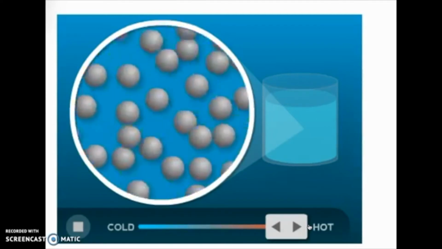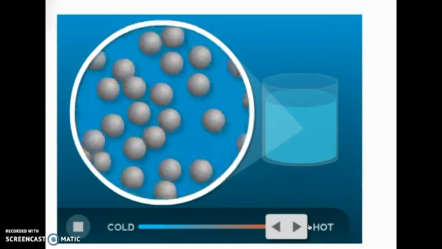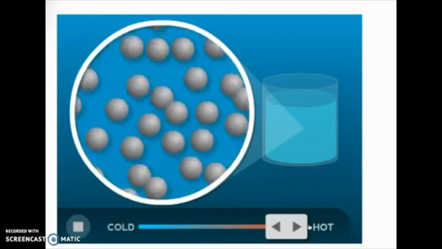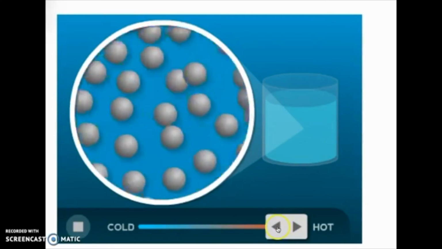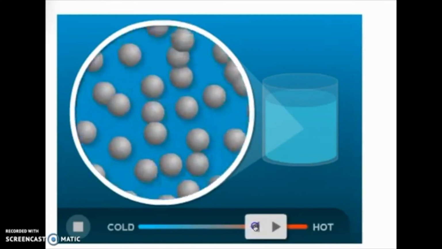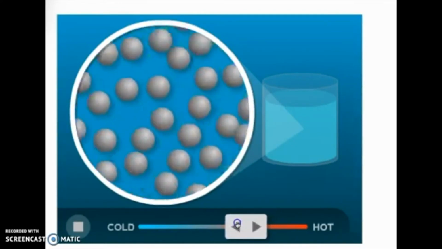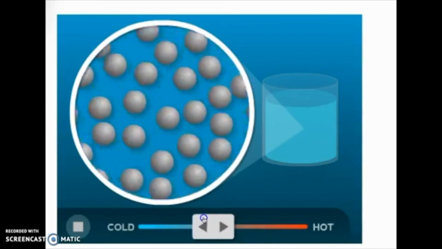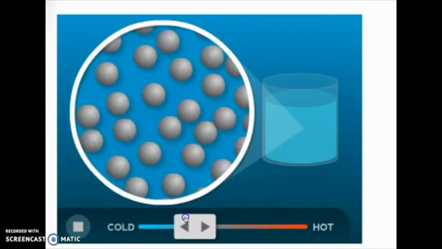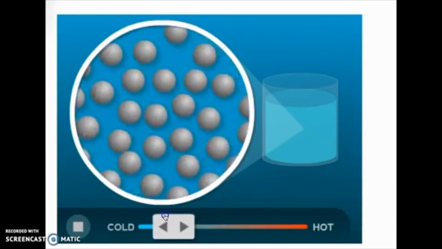Now, if we move the slider down so that we cool it down again and those particles lose energy, the spaces between the particles get smaller, and then the volume gets smaller for that entire object or substance. And notice they're moving a lot slower now too because they've lost energy.